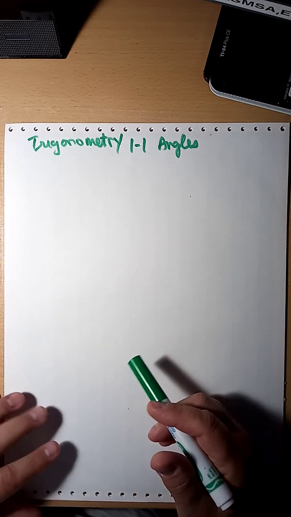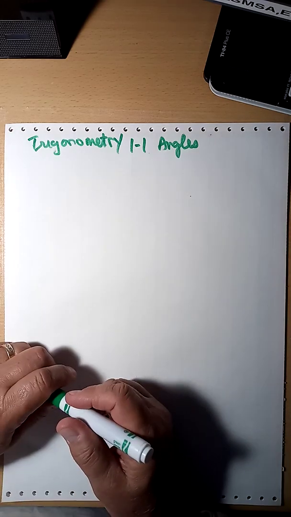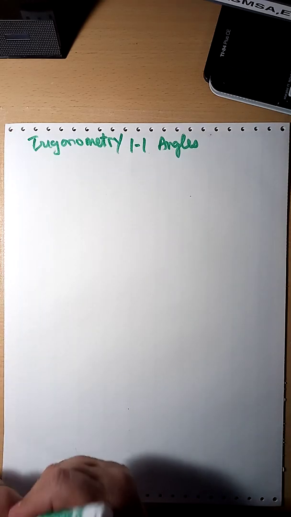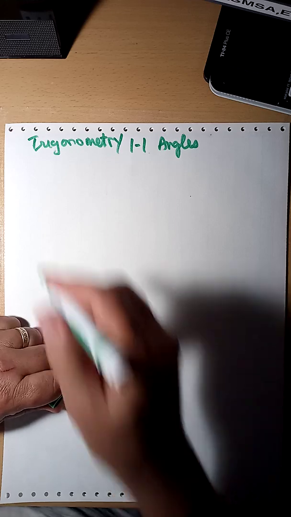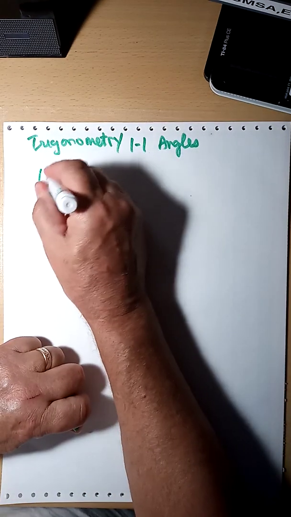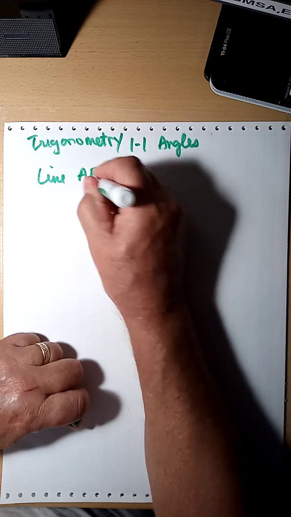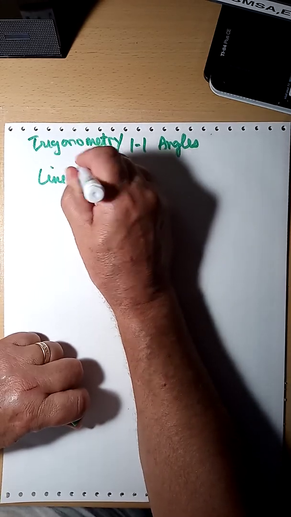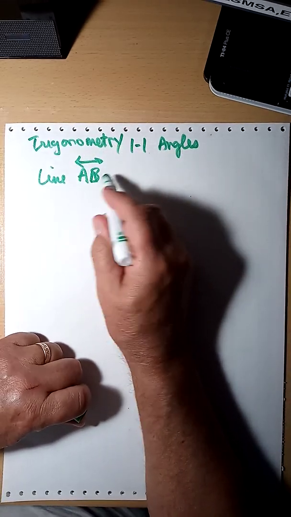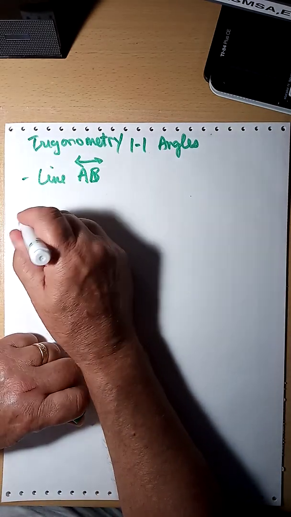Trigonometry, section 1.1. Let's begin with some basic terminology about angles and some geometry stuff. First of all, if you wanted to have line AB, you would put this double arrowed line over the letters AB. Excuse my writing there.